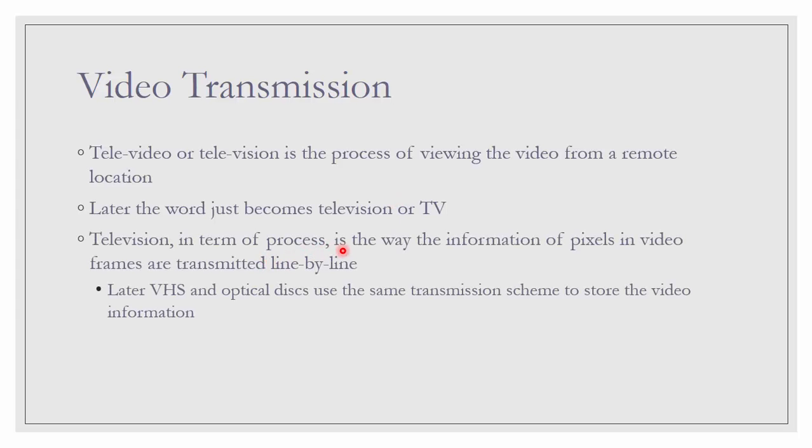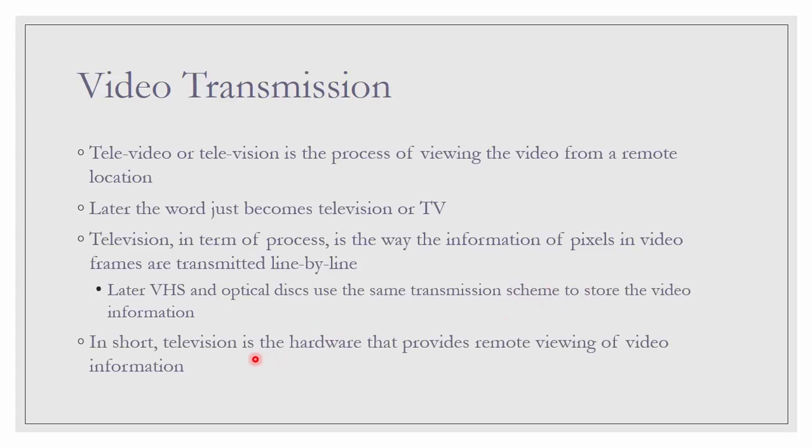Television, in terms of process, is the way the information of pixels in video frames are transmitted line by line, sort of pixel by pixel. Later, VHS and some optical discs that store information as analog use the same transmission scheme to store video information. In short, television is the hardware that provides remote viewing of video information.